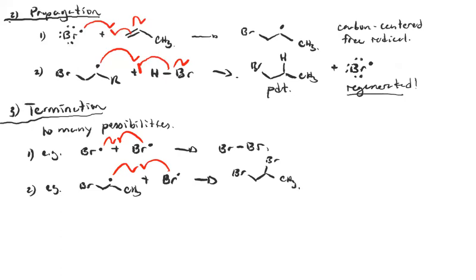Okay. But the key, again, for the termination is open shelled species with unpaired electrons goes to closed shell, so species with full octets. Okay, that's basically the definition of a termination step.